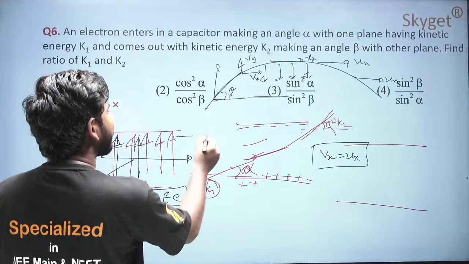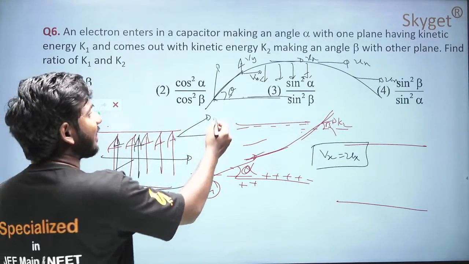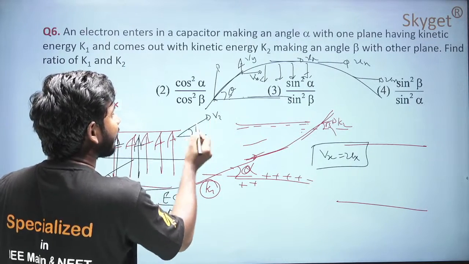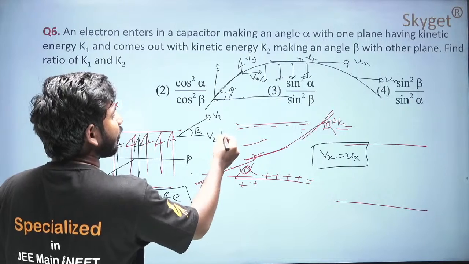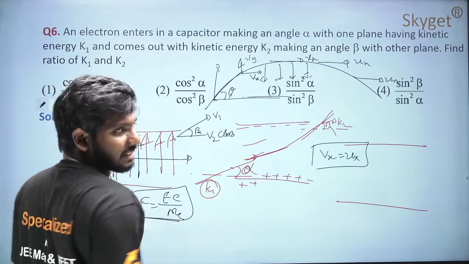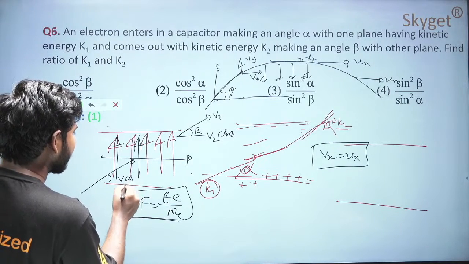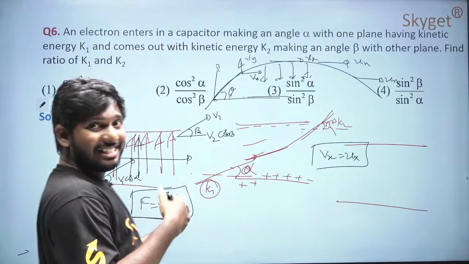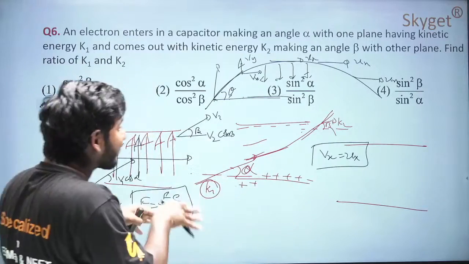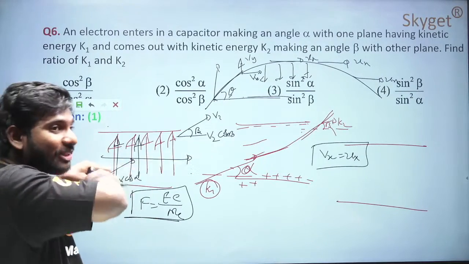So if the electron is leaving the capacitor with V2 velocity at beta angle, the horizontal component is V2 cos beta. So this is V1 cos alpha when it is entering, and V2 cos beta when it is going out, the two components of velocity perpendicular to the electric field.